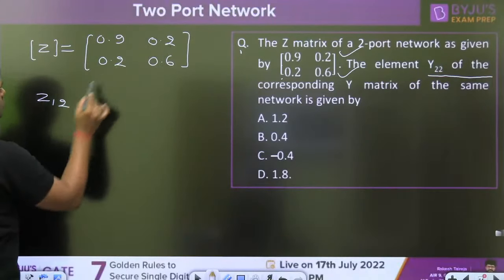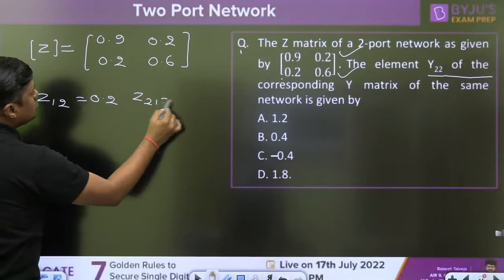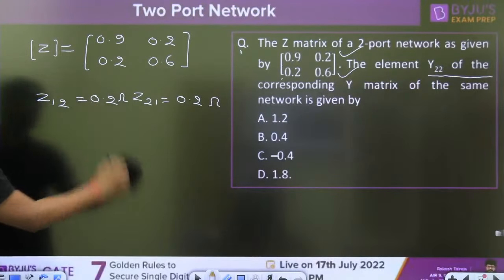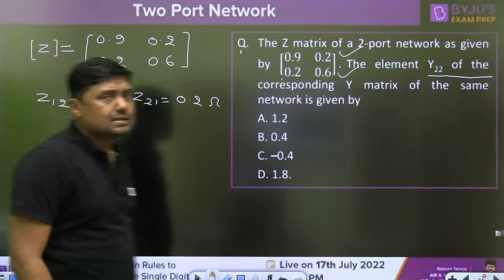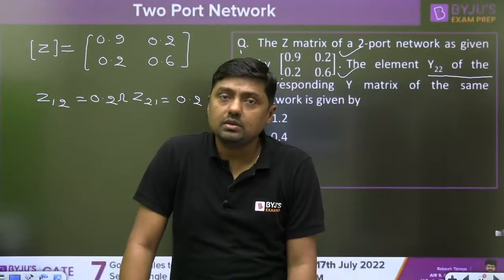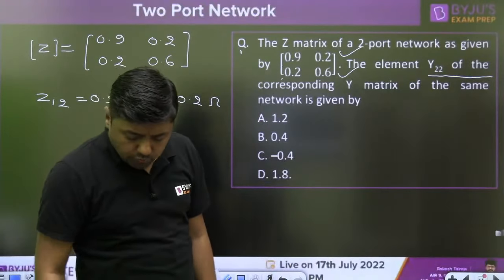What is the Z12? 0.2. Z21 is also 0.2. The unit is ohm; if nothing is given, the unit is ohm. That means the network is reciprocal.